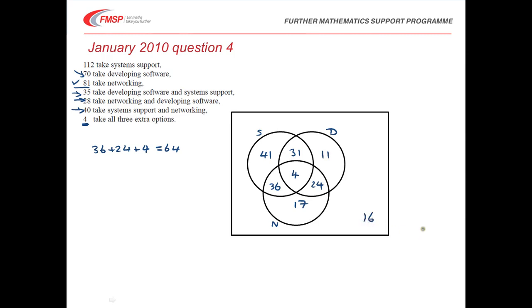So that must live on the outside. Now, please be aware there are no follow-throughs on these types of questions generally. So it's absolutely important that you get the numbers right. 5 marks is quite a lot for a question like this, but please make sure that they are correct.